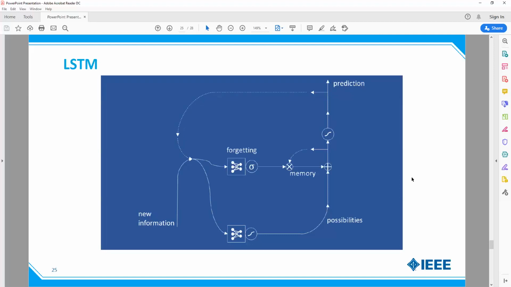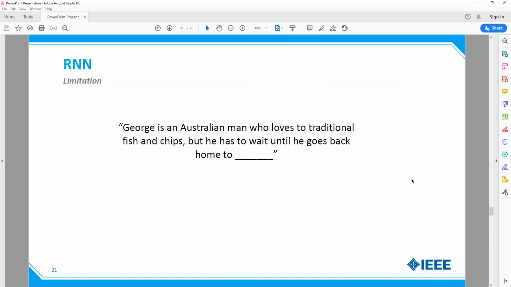So the very first thing we want to do is have another subnetwork to try to learn what information needs to be forgotten within our memory. If we go back to our example here, as we progress through each word as input, it's trying to forget certain aspects of information that it already learned.